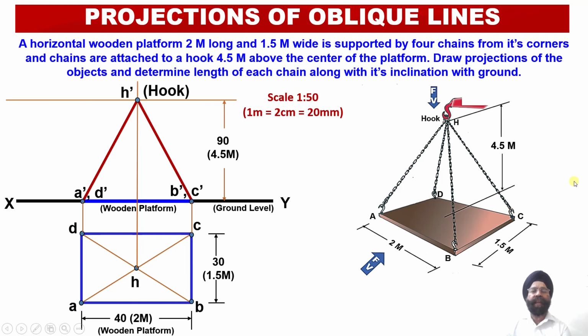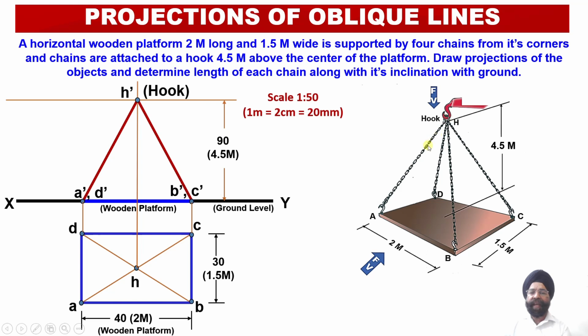Now we will be using the fundamentals of the rotation of the line in order to evaluate the length of these chains and the angle of inclination of these chains with respect to the ground. Since we know that all of these chains are similar to each other, that is, the chain lengths are equal, the chain inclinations with respect to the ground are also equal.